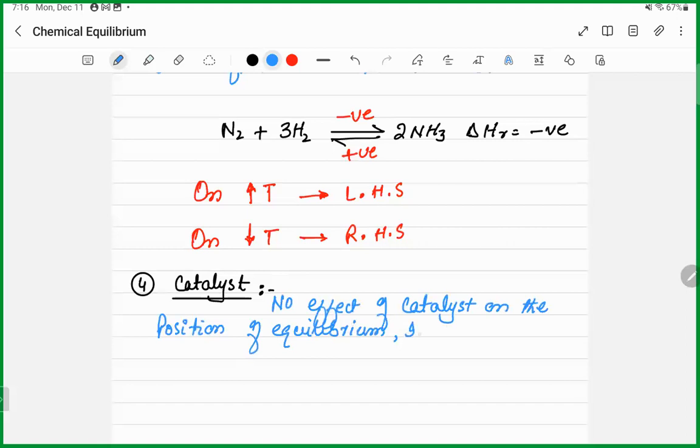Catalyst only helps to attain equilibrium early. देखो इक्विलिब्रियम आएगा तो आप बाकी फैक्टर चेंज करेंगे ना, ठीक है? तो ये सिर्फ आपको हेल्प आउट करता है टू अटेन इक्विलिब्रियम अर्ली.